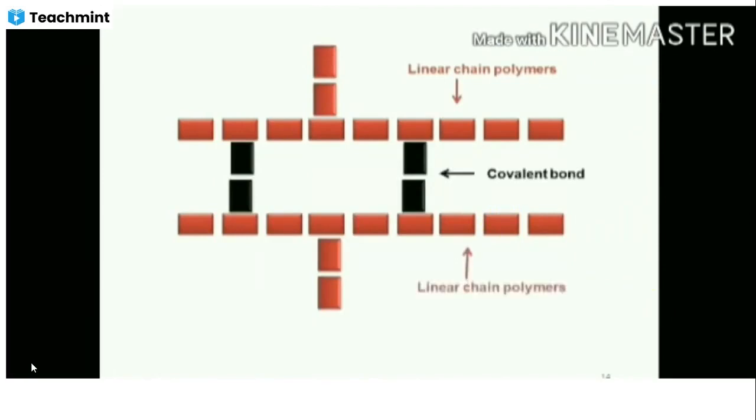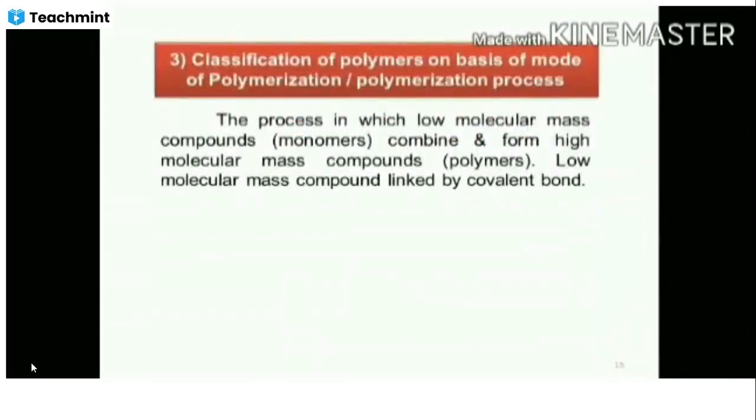Third type, classification of polymers on the basis of mode of polymerization or polymerization processes. The process in which low molecular mass compounds, that is monomers, combine and form high molecular mass compounds, that is polymers. Low molecular mass compounds are linked by covalent bonds.